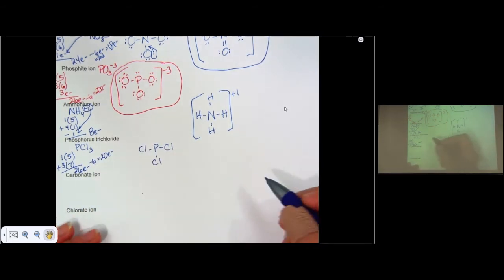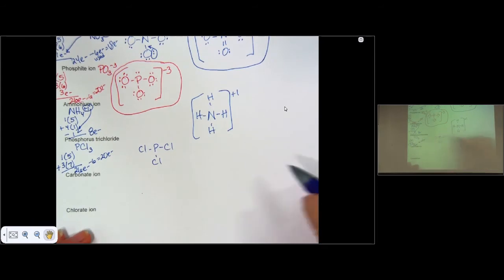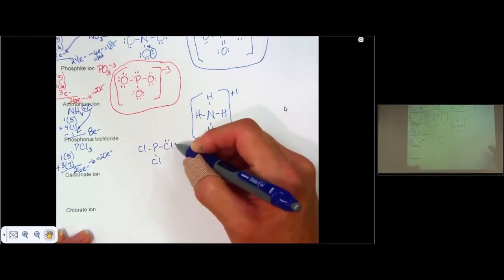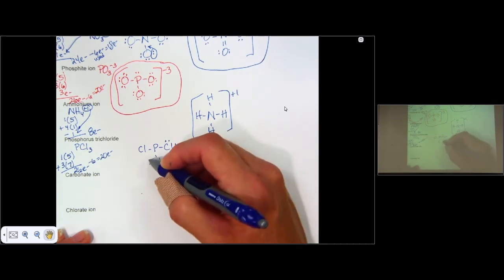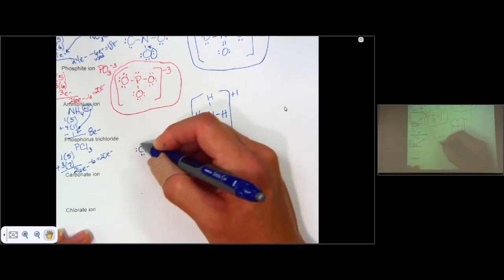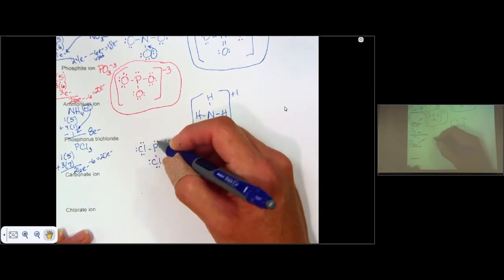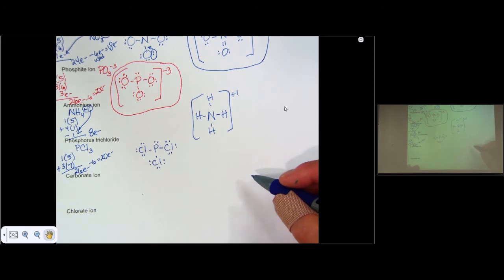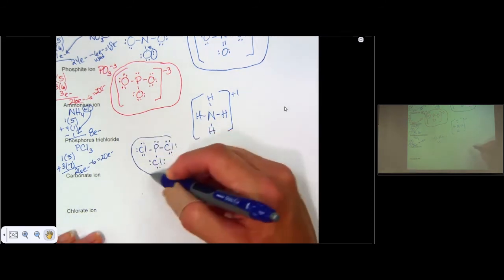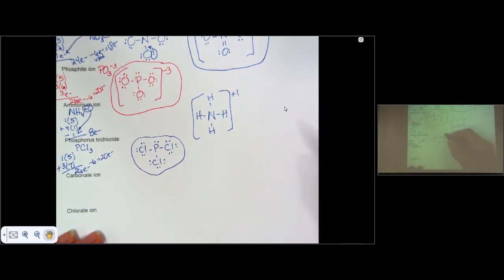So that leaves us with 20. Have we seen this scenario before? You saw it. Yep. So 2, 4, 6, 8, 10, 12, 14, 16, 18, 20. No brackets. Why are there no brackets? Because it's a compound. So that's it.